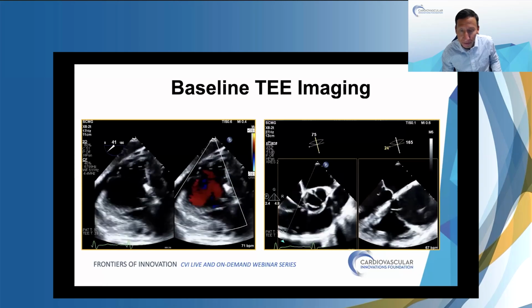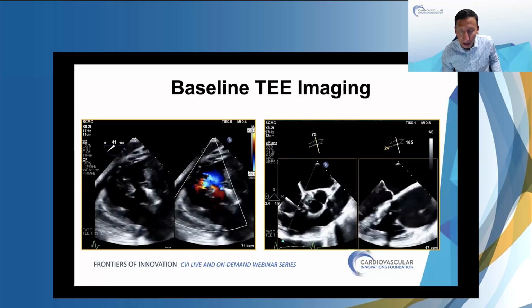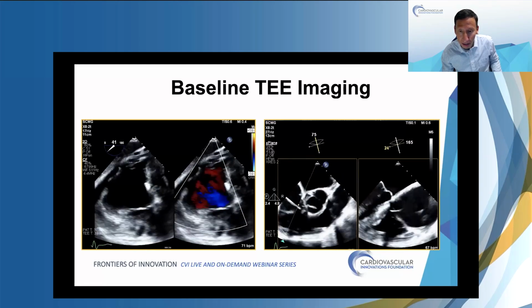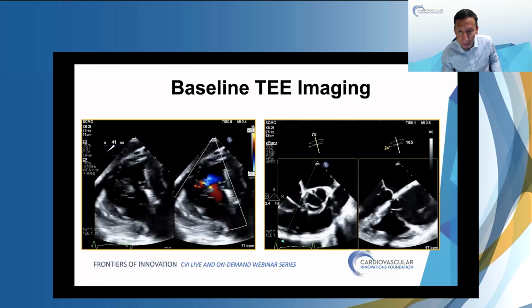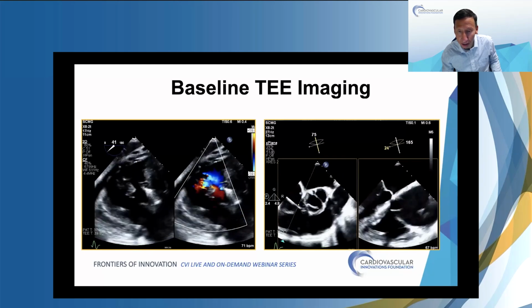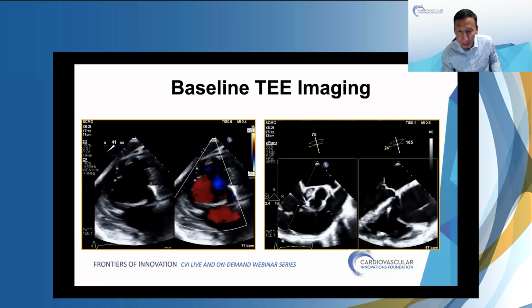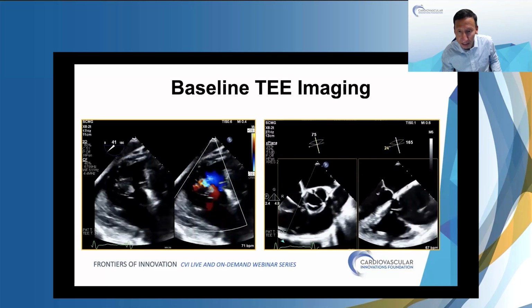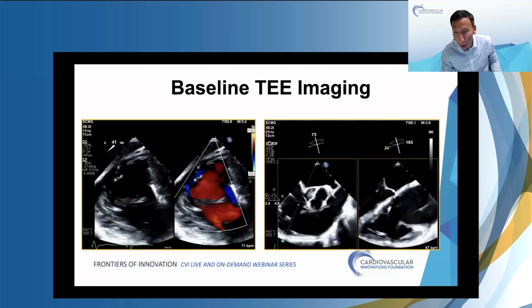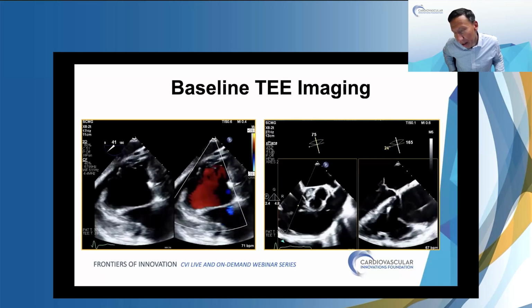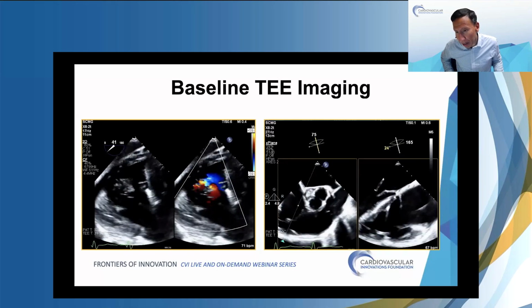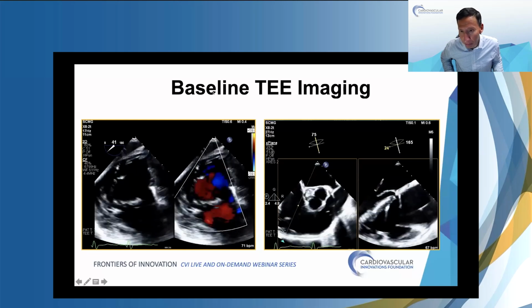And then the inflow view, the 75 degrees, you see the pacer lead crossing the tricuspid valve, really at the anteroseptal commissure, or quite anteriorly at least. You see it there, but the septal leaflet doesn't appear as pinned as the previous one.